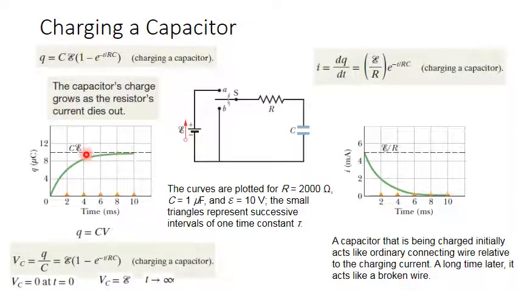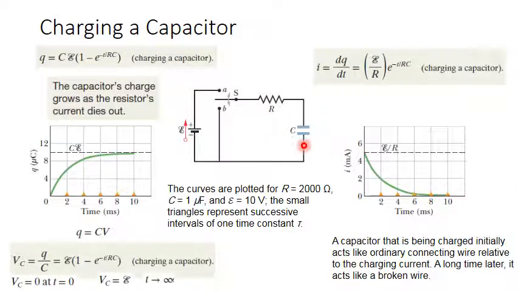And actually, the final value is as if I'm charging the capacitor directly from the EMF. If I connect the EMF to the capacitor, the charge reaches C multiplied by E. So the final value represents as if there is no resistor, and the initial value represents as if there is no capacitor.